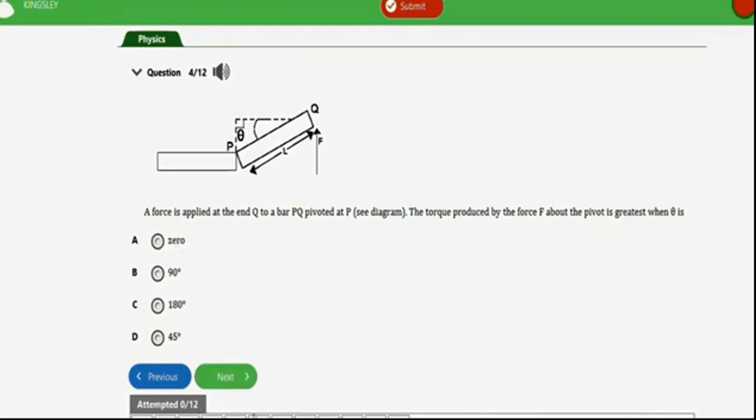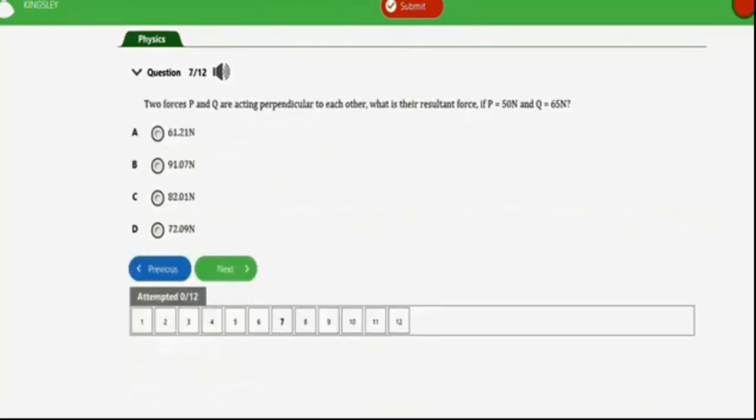Next repeated question will be this question. It says two forces P and Q are acting perpendicular to each other. What is their resultant force? Force P equals 50 Newton, force Q equals 65 Newton. Alright, so this is why it is interesting.